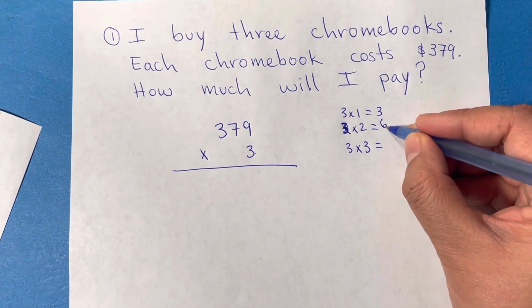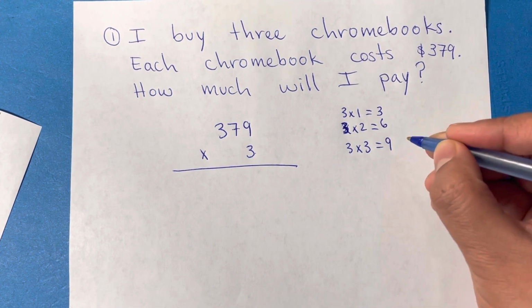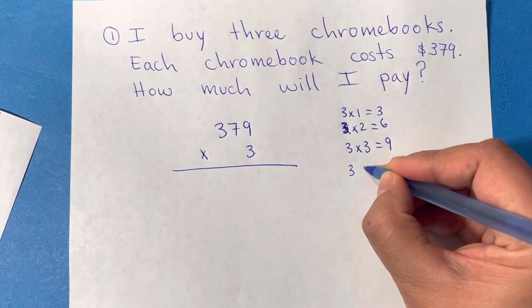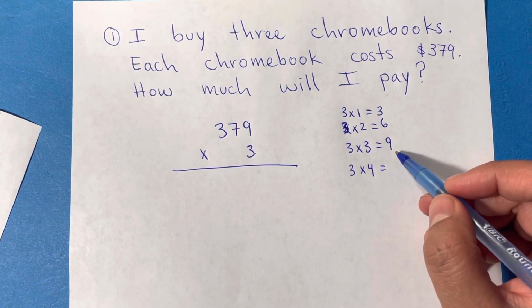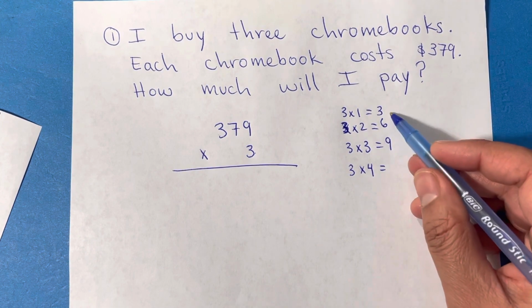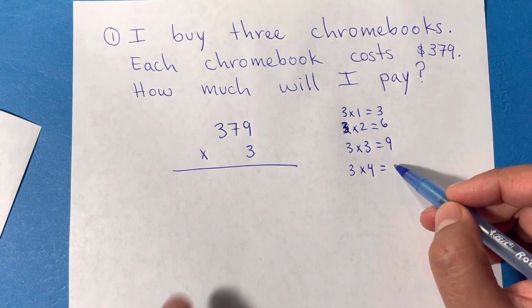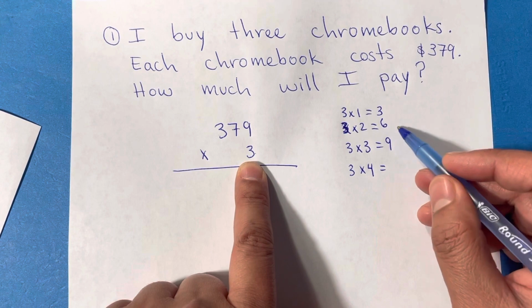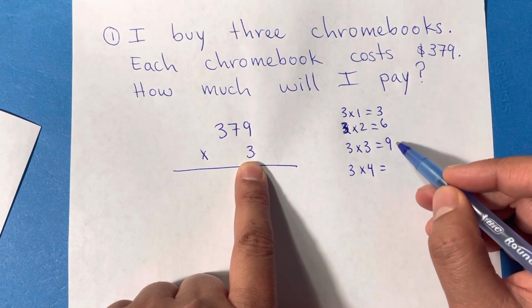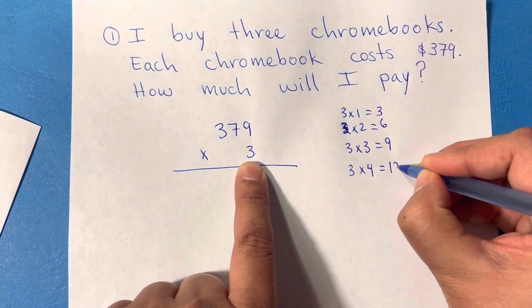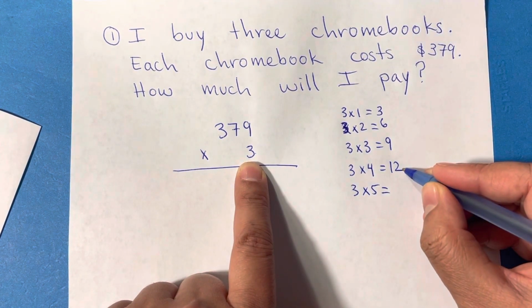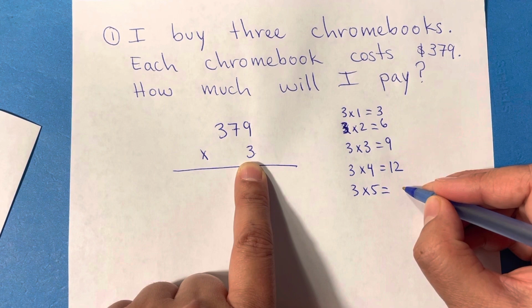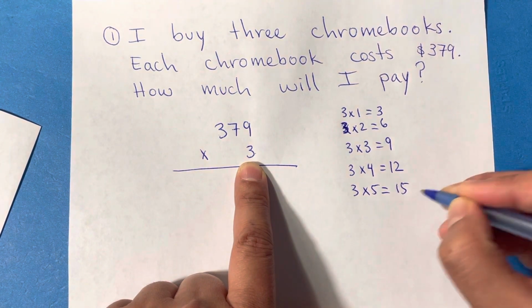So it's plus 3 more is 9. 3 times 4, now I have 4 3s. That means 1 more 3. So you're just adding 3, 3, 3. When it's a table of 3, you just start with 3 and then add 3 more each time. So it's 12. 3 times 5, well, 12 plus 3 more, 13, 14, 15.